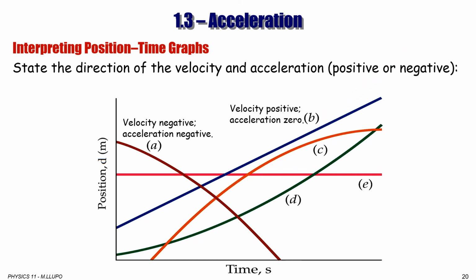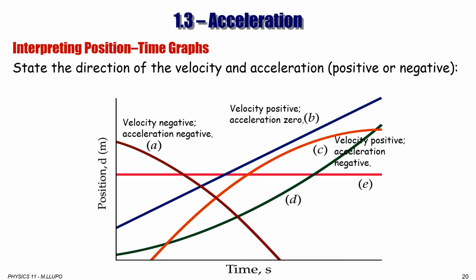But as it goes from this point, for example, the tangent is going to be less steep. That means it's slowing down. Since the velocity is positive and is slowing down, the acceleration has to be in the opposite direction of positive, which is negative.